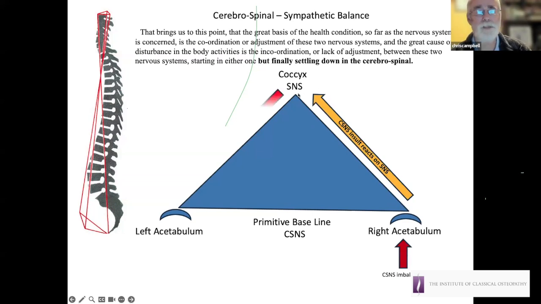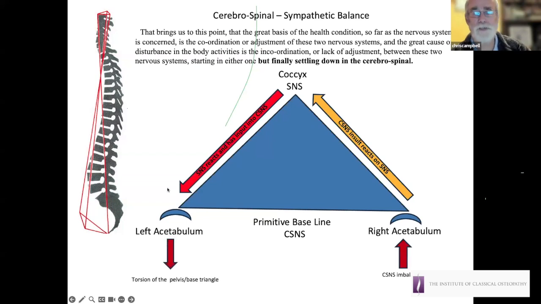The sympathetic system then reacts back into the cerebrospinal, and the result is a torsioning of the baseline of the pelvis. And we have to reverse that, and this is what our gentle, quiet articulation does. Sometimes when we're articulating, particularly on the left-hand side, we'll go up and gently take out some of the compensatory factors in the lumbar spine, and then come back to the pelvis, and it's much clearer, much easier to deal with.